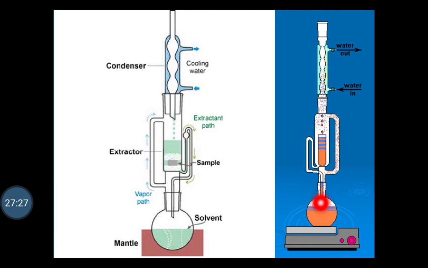So in this way the process continues. This Soxhlet apparatus is used in industry for the extraction of alkaloidal drugs, or when the drugs are present in very small amounts.